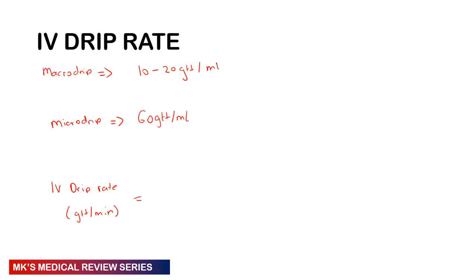We say our volume of the fluid that we're going to give, which should be in mils, divided by the time in which we should give this fluid, in minutes, multiplied by the drop factor, whether you're using a macro drip or a micro drip. Our drop factor is in drops per mil.